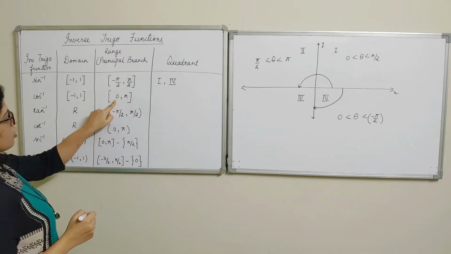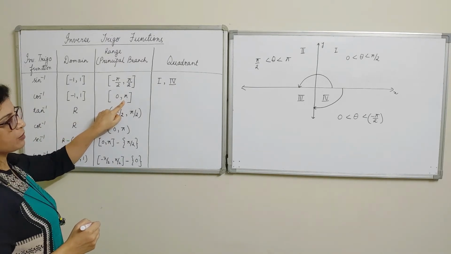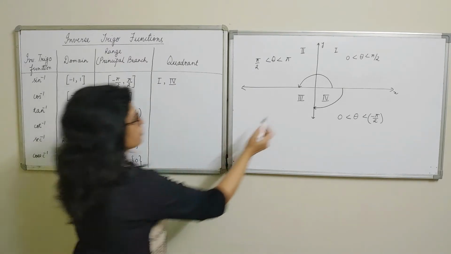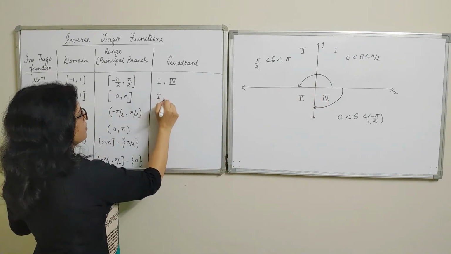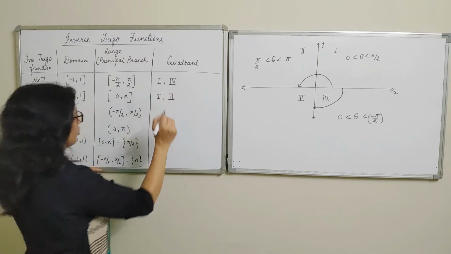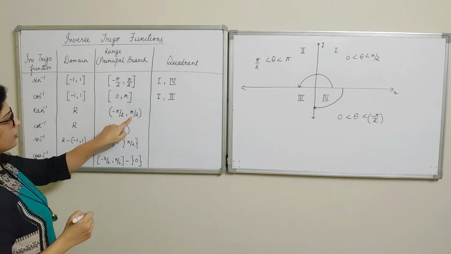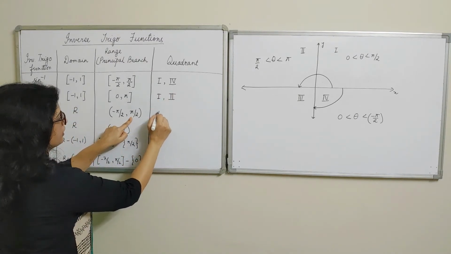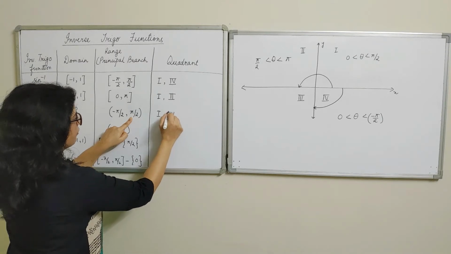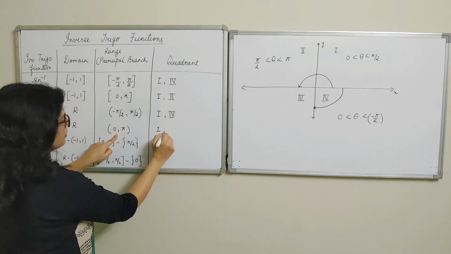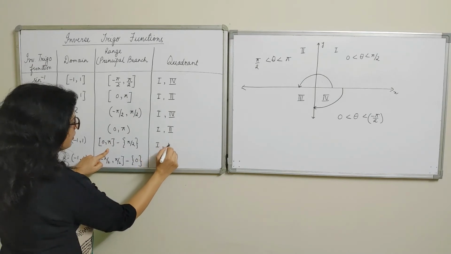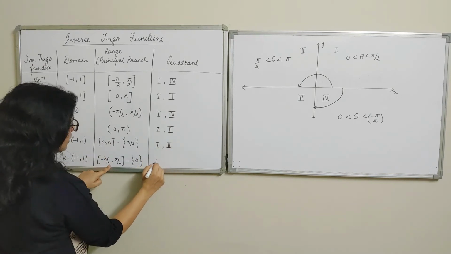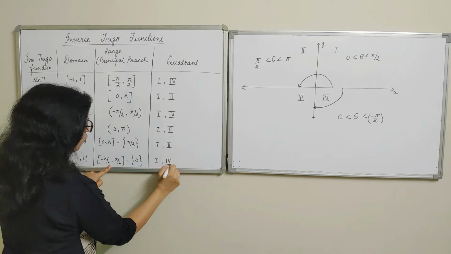Likewise, for the cos inverse function, the principal branch is 0 to pi, which is the first and the second quadrant. Then over here, once again it is the first and the fourth quadrant, first and second quadrant. Here again, first and second quadrant, first and the fourth quadrant.